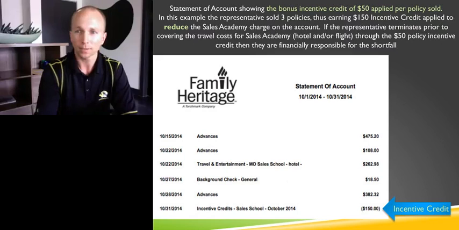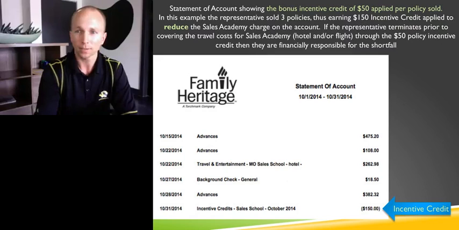So in this scenario, the only charge on this account right now that we see is the hotel charge, $262.98. And so when this representative sells 6 policies, it doesn't matter the size of the policy, but when they achieve the number of 6 policies sold, then that would be 6 times $50 per policy as the incentive bonus, or the credit, would be $300.